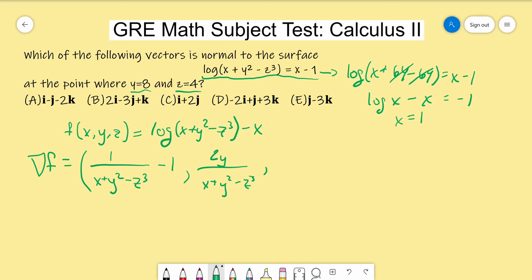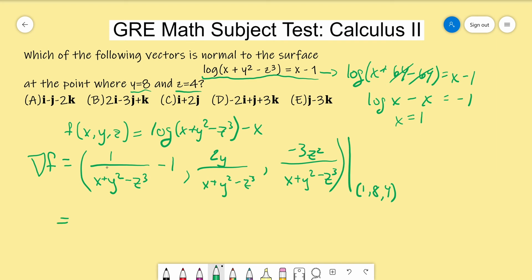And our third element is going to be 1 over x plus y squared minus z cubed, and then the chain rule is going to give us a negative 3z squared up top. And we have to evaluate this at the point where x is 1, y is 8, and z is 4.